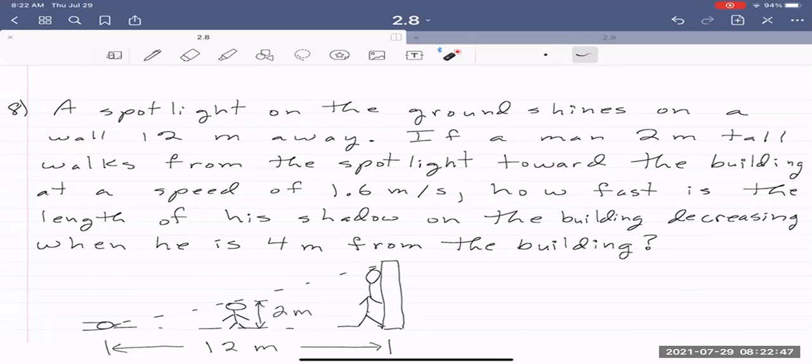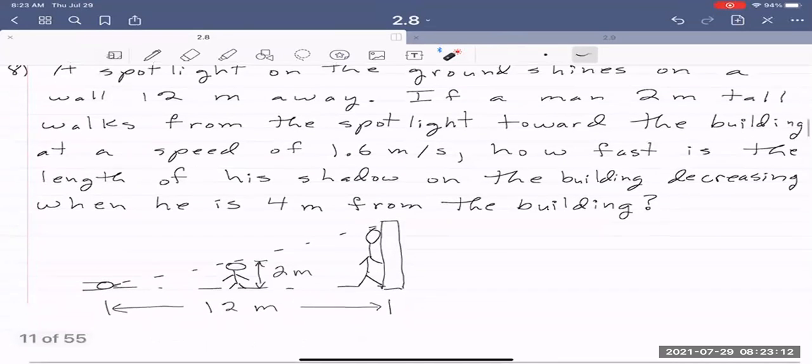After you figure out what the question is, try to determine the data. The data is that he's 12 meters from the spotlight, the spotlight is 12 meters from the wall, and he is 2 meters high, and his speed is 1.6 meters per second.